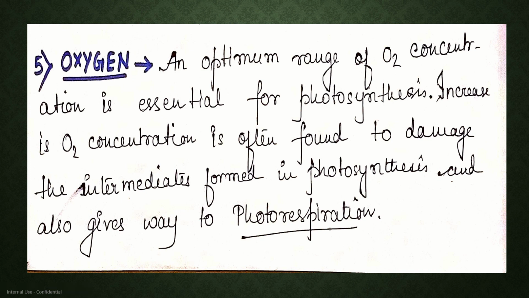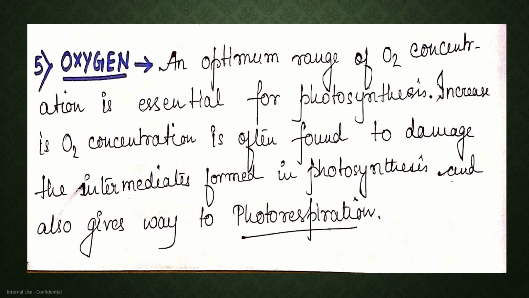Increase in the concentration of oxygen is often found to damage the intermediates formed in photosynthesis, and it will give way to what? Photorespiration. We all know that when oxygen is more in comparison to CO2, what will happen?